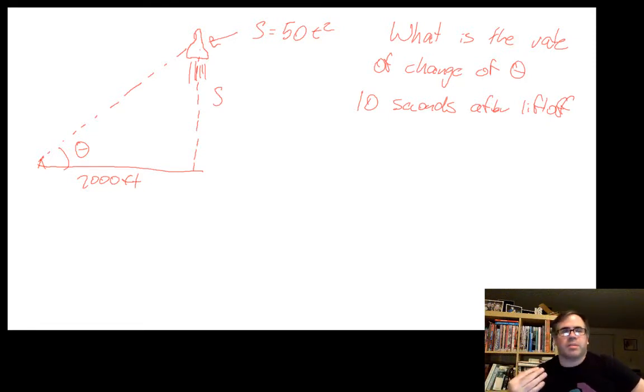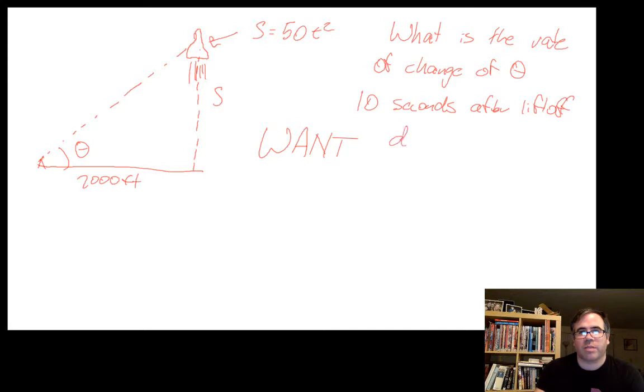Always when you have a related rate problem, take inventory of everything you know, and keep in mind the things that you want to find out, because you don't want to find anything extra. So what do we want to know? We want to know this rate of change. Anytime you see rate of change, that's a derivative in terms of time, and it's of theta. So we need something that relates our theta to the stuff that we know. Anytime you have an angle on a triangle, you're going to use a trigonometric function.